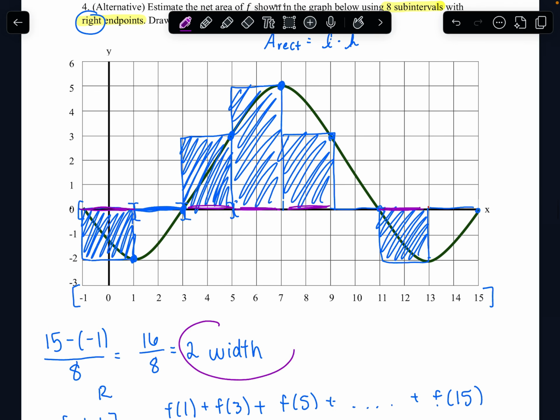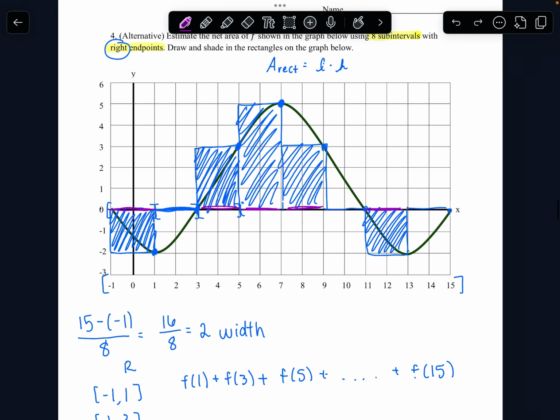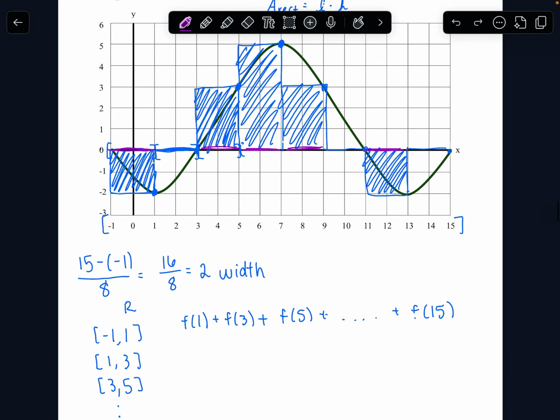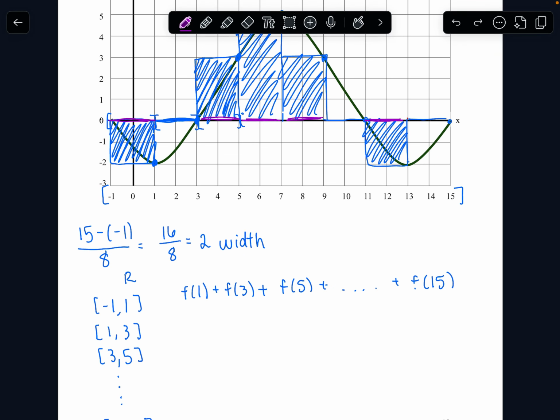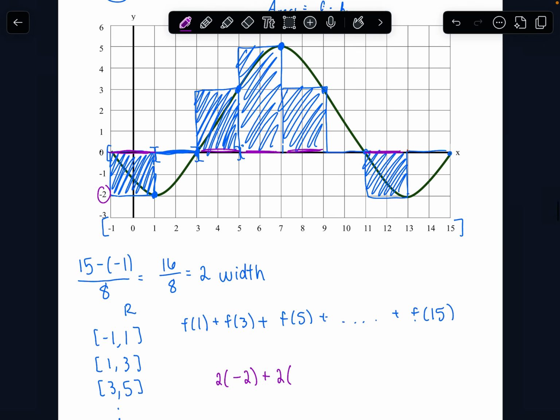Oh, crazy, right? So what we're going to do is 2 times the height of the first rectangle, which is -2, which is the same thing as f of 1. And then I'm going to do 2 times, well, the next rectangle is 0, so we move on.